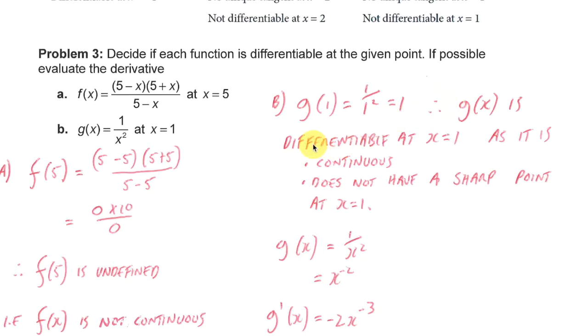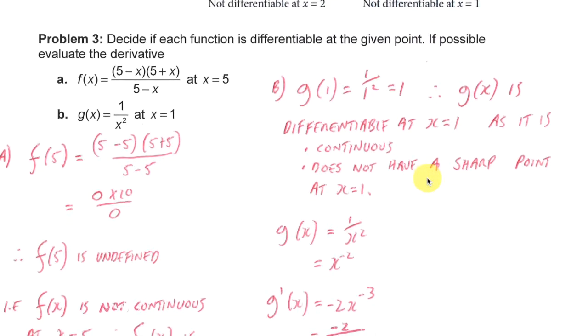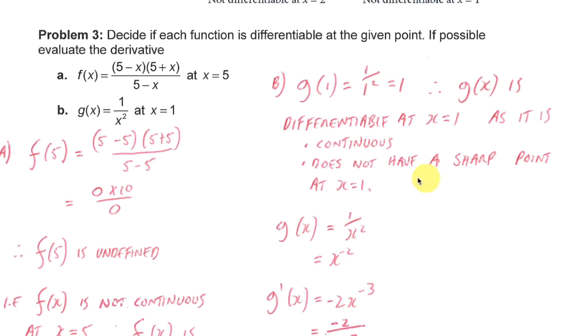So therefore we know it's continuous at x equaling 1, and the truncus has an asymptote at x equals 0, not at x equals 1. So we know that basic shape is curved, like so. Now at x equals 1, there's no sharp point in that either, so it's continuous and there's no sharp point. Therefore, we know that it's differentiable at that point.